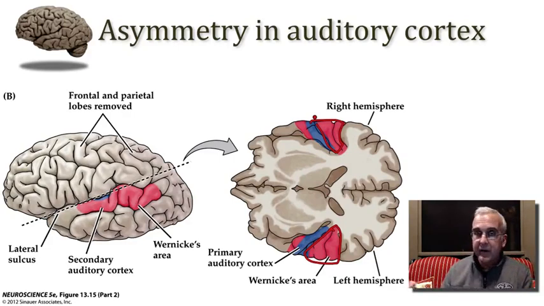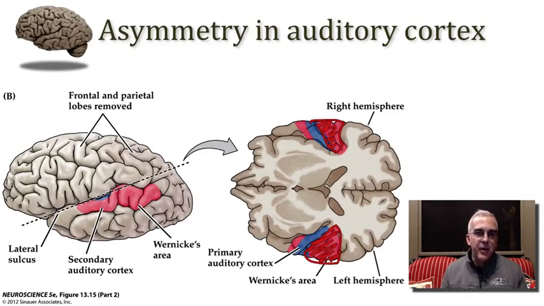Well, that difference that we observe from the outside we think reflects this difference in the extent of this superior temporal plane in the two sides, with about 2/3 of us having a larger planum temporale in the left hemisphere compared to the right.